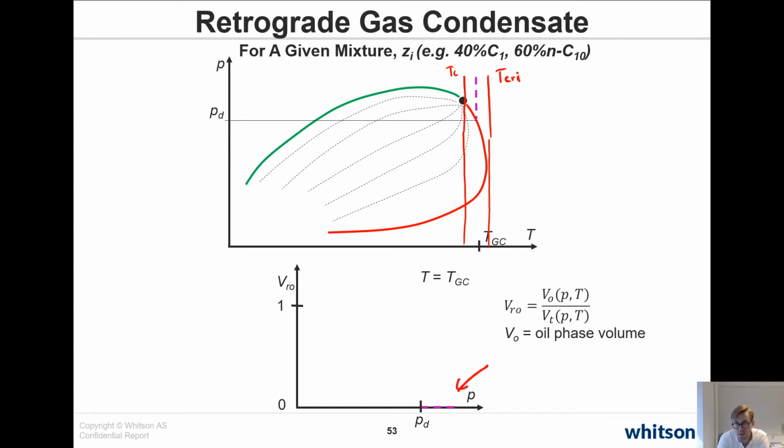But what happens is that once we drop below the dew point, condensate actually comes out of solution, and we start to build an oil saturation or a condensate saturation. And that curve looks like what we see right here. And it's a gas condensate. And we will discuss why this curve goes down, actually turns and becomes non-monotonic right here, a little bit later.